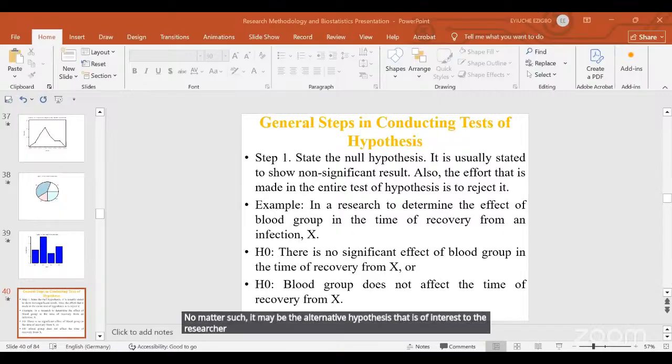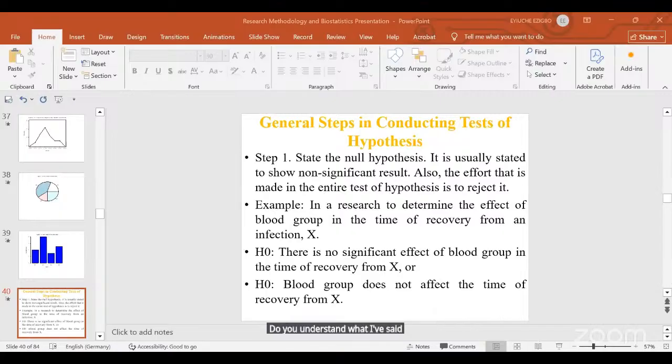Do you understand what I've said? How do we mean? If I am looking for maybe the example I gave before, WHO has come up with a standard proportions for people that are suffering from a particular ailment in terms of their blood group.